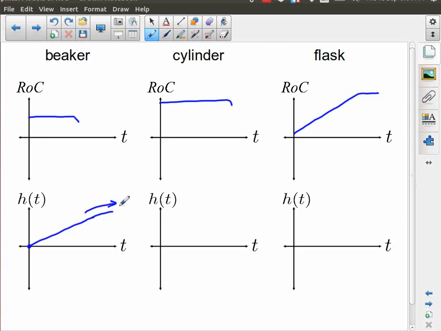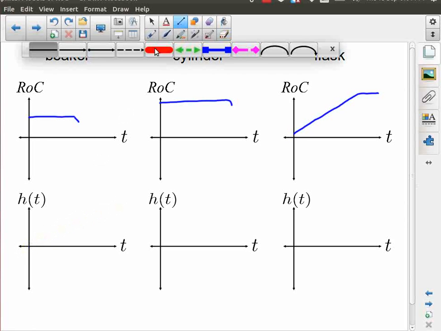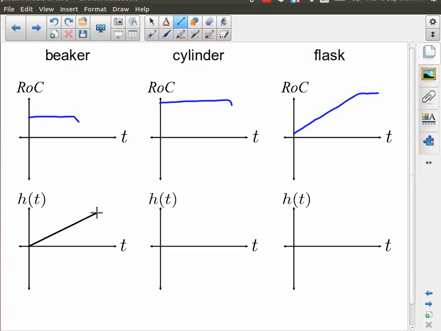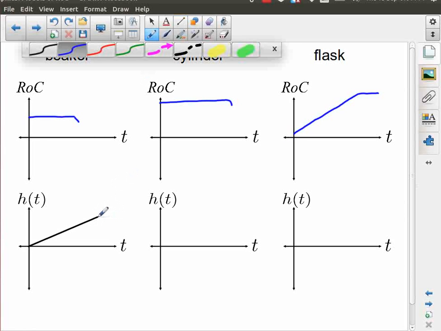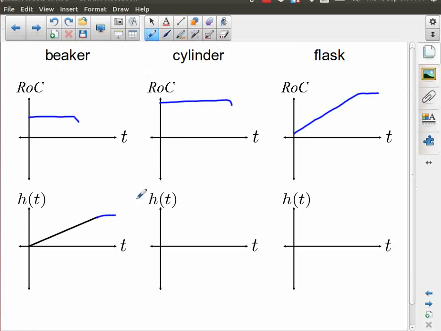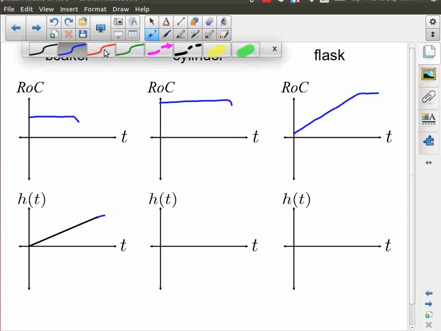That's still not showing it very well. Let me use my straight line tool for this. So this one is going to do something like that. I'm going to put a medium height because I know that the cylinder will be taller than this. And then here at the end, it's going to turn to the side. That's it leveling off, or slowing down at least. It won't necessarily level, but it will slow down. I don't think I'm going to be able to really represent that very well.